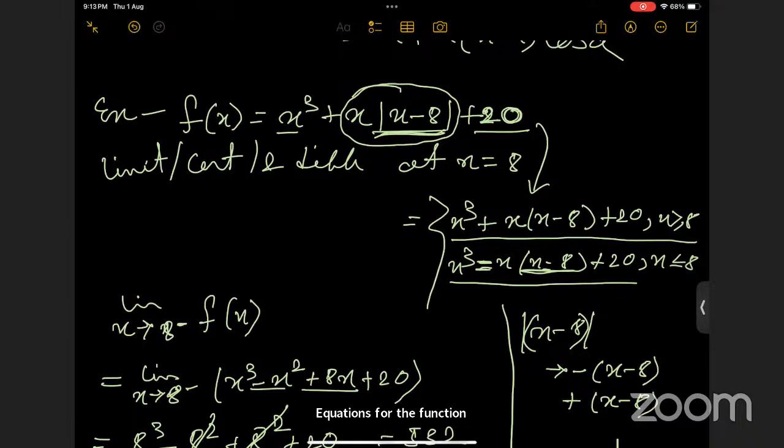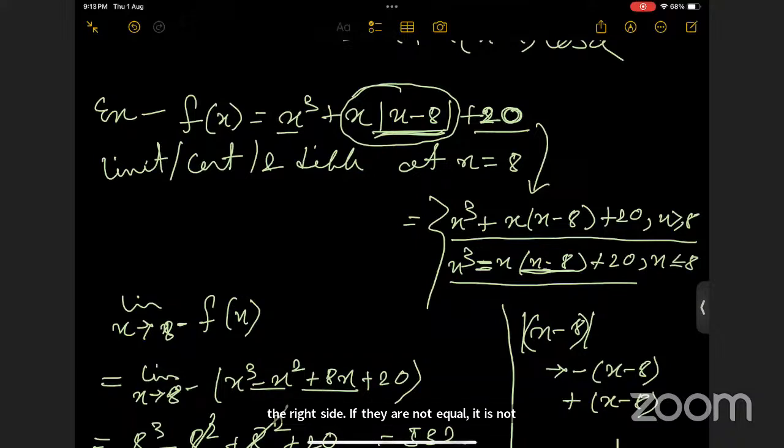Since all the students know how to find the slope, basically you take the derivative of it, it will be easier. Derivative of the first function will give you the slope at the left side. This is the right side. If they are not equal, it is not differentiable. So these are easy step verifications.